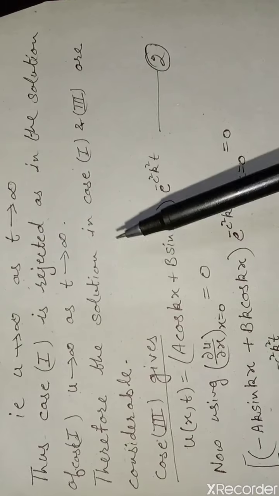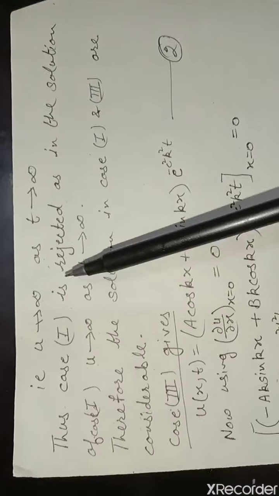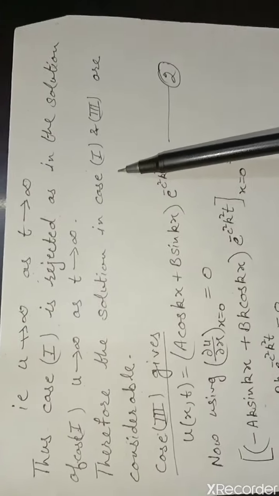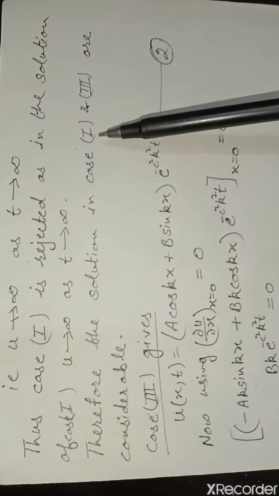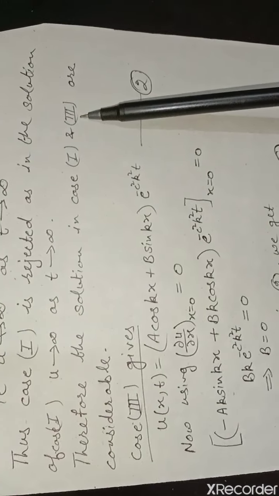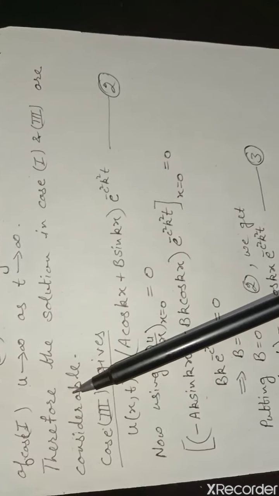But in both the solutions of case 2 and case 3, this condition is satisfied. In both you can see, as t tends to infinity, u is not going towards infinity. So both the solutions are considerable.